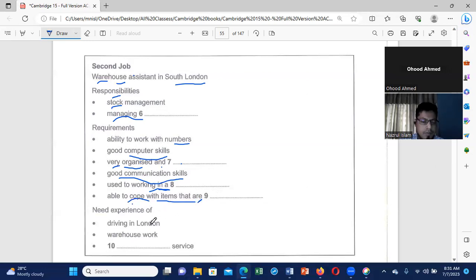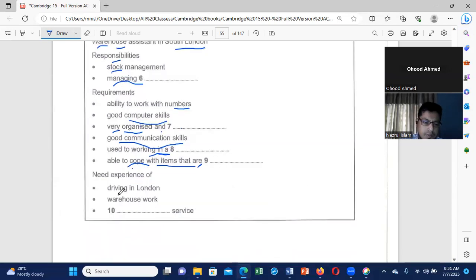Now, as far as experience goes, they mention they want someone with a license and that you have experience of driving in London, so you can cope with the traffic and so on. Yes, no problem. And you've got experience of warehouse work. And the final thing they mention is customer service. I think looking at your CV, you're okay there. Right. So what about pay? Can you tell me a bit more about that, please?